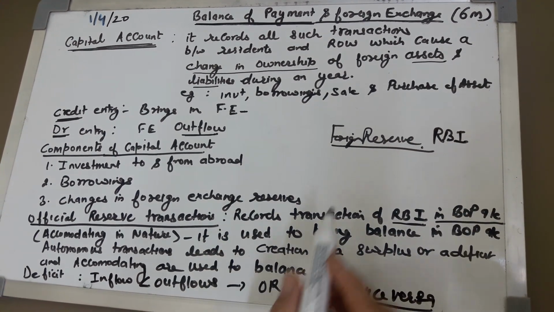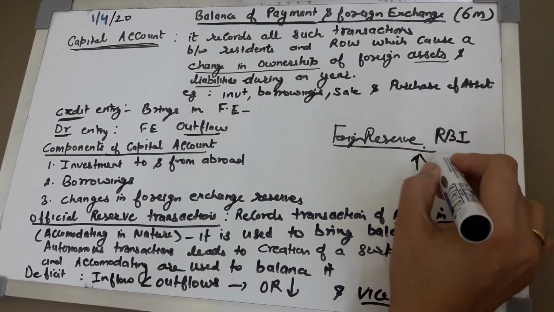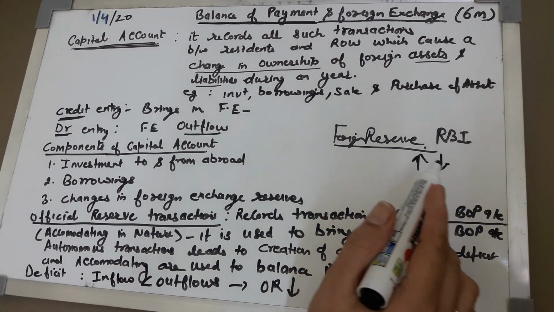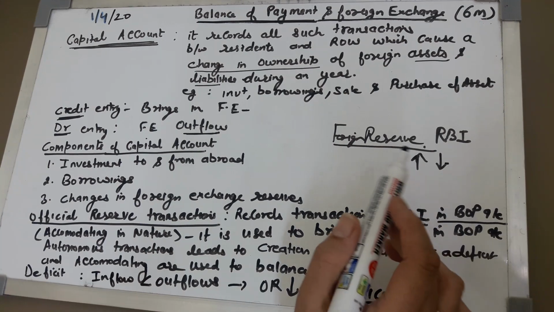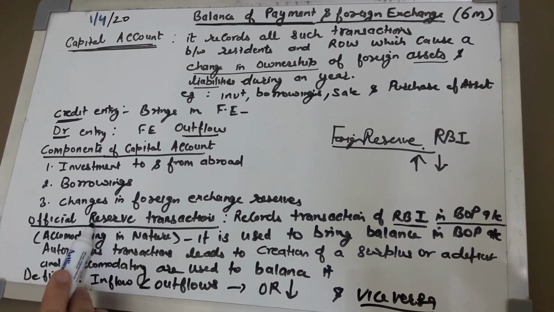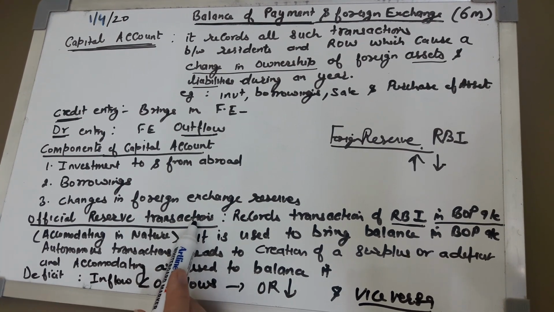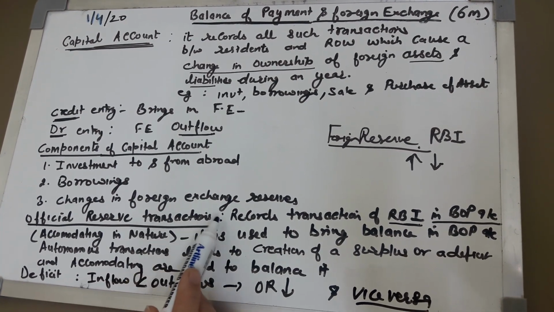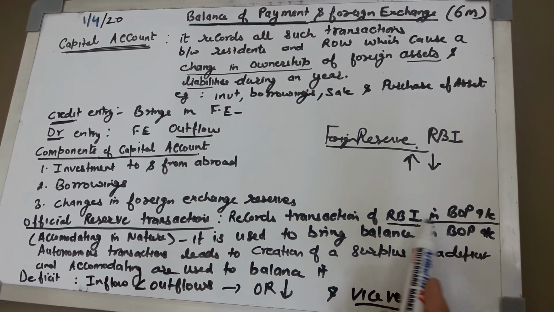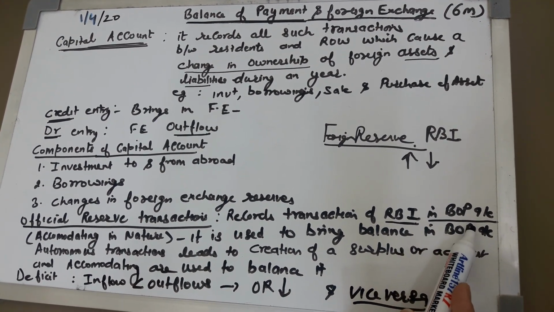Now RBI either increases these reserves or decreases these reserves. This is the third component which is recorded. Now it is officially named as official reserve transactions. So official reserve transactions record the entries of RBI into the BOP account.